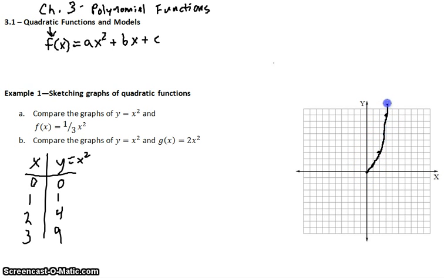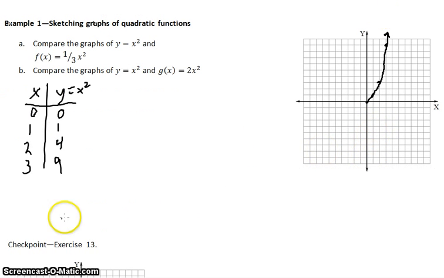And a quadratic graph is symmetrical. So if I were to pick -1, -2, and -3, I would get 1, 4, and 9 as well. So it would look something like this. Here is my curve that shows what a quadratic looks like in the most basic sense.